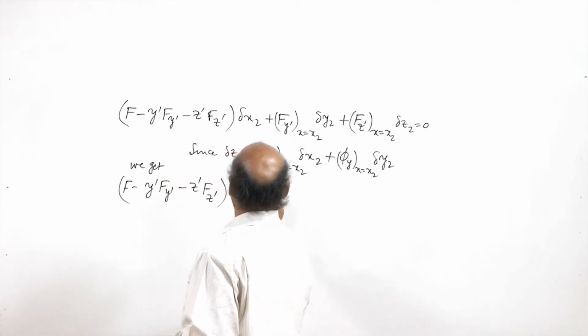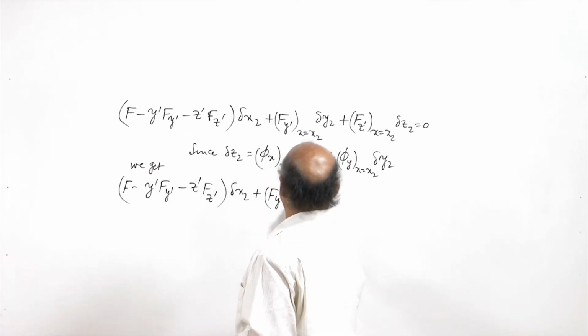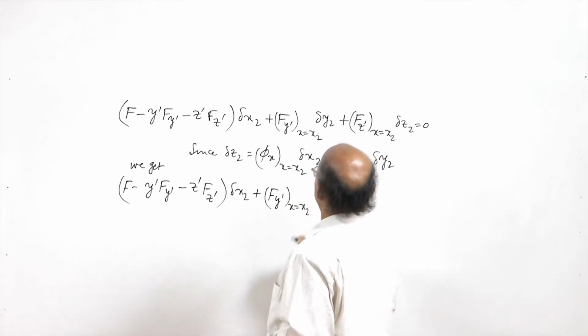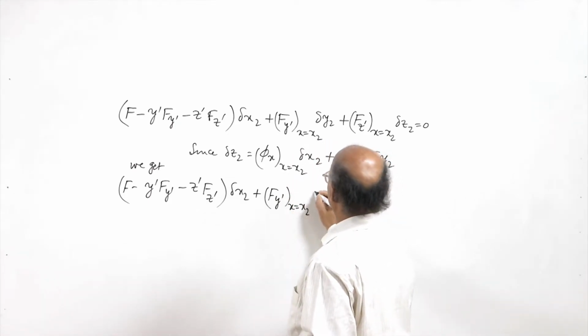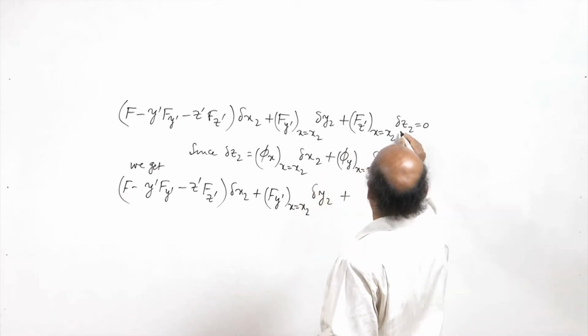Let us put the value first, f y dash at x equal to x2, and then delta y2, plus we have f z dash.